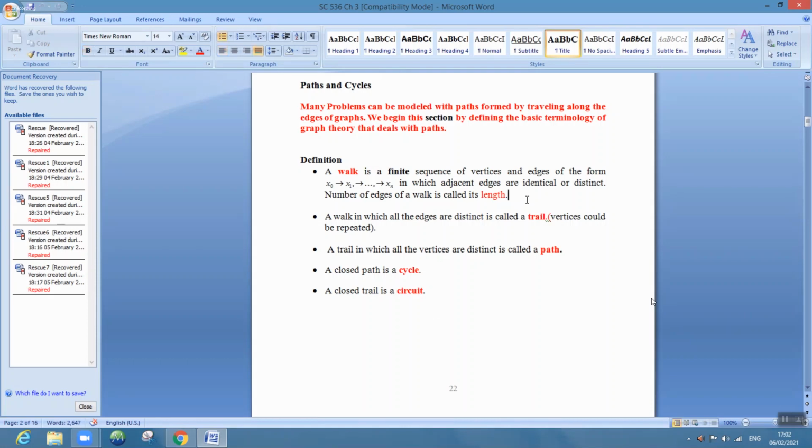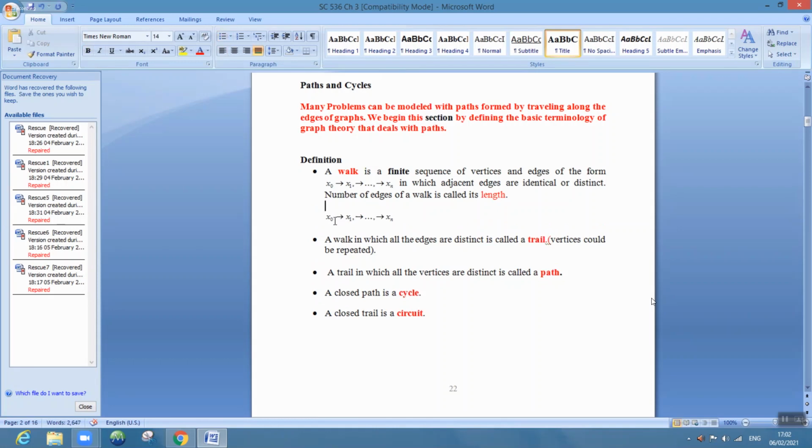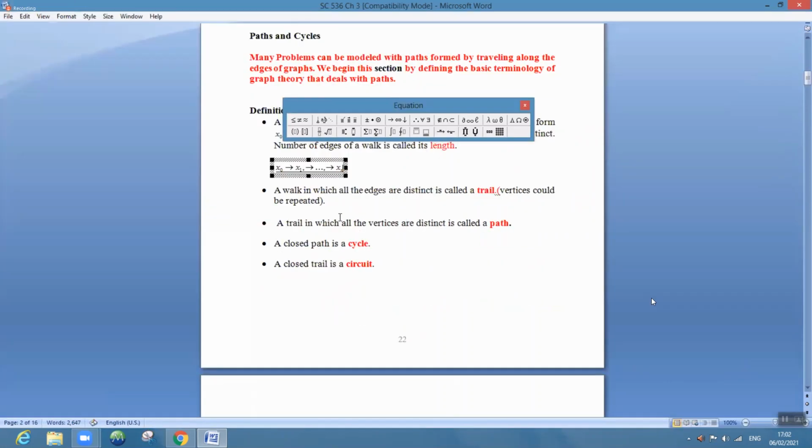For example, suppose you write one edge, U goes to V, again U goes to V, again V goes to U, again the same edge you can write.